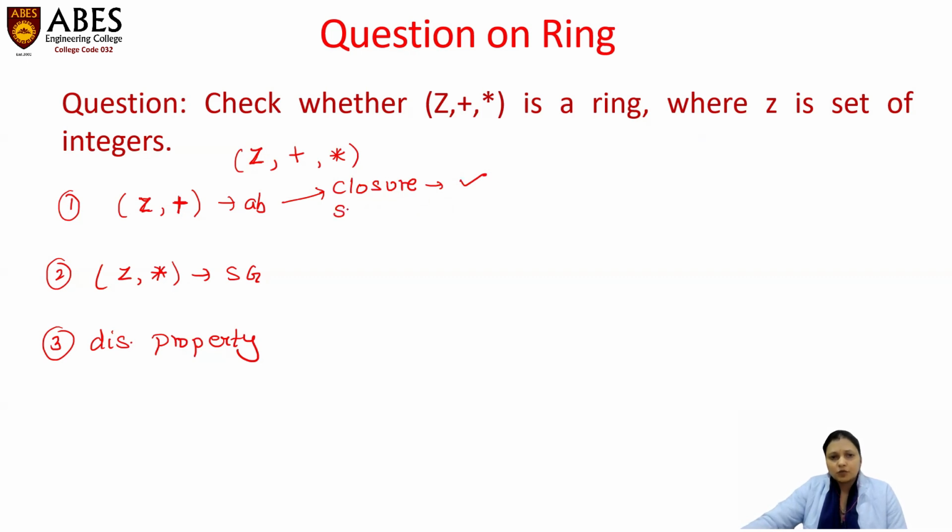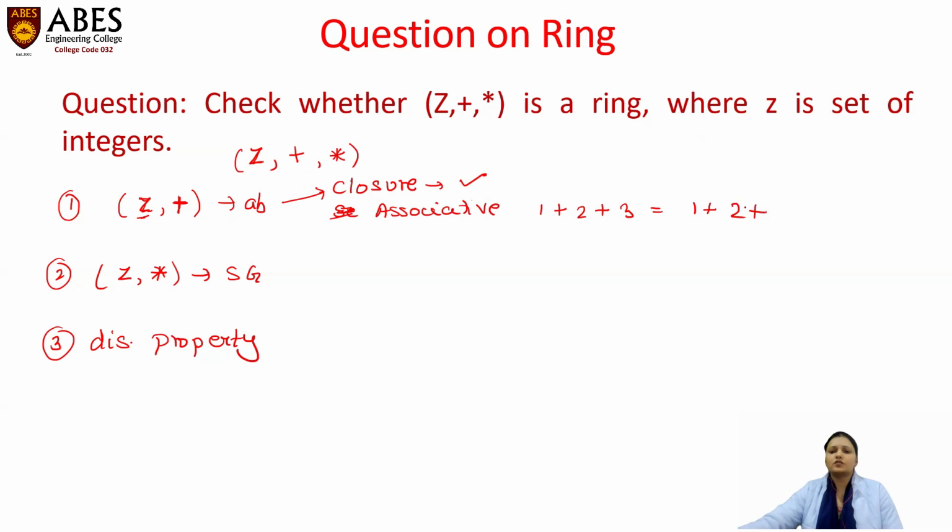Next property is semigroup, or the property is the associative property. If we consider any three integers, for example 1 plus 2 plus 3, and we change the associations, for example I add 1 and 2 first and then add 3 to the result, or I add 2 and 3 first and then add 1 to the result, we will always get an equal value.